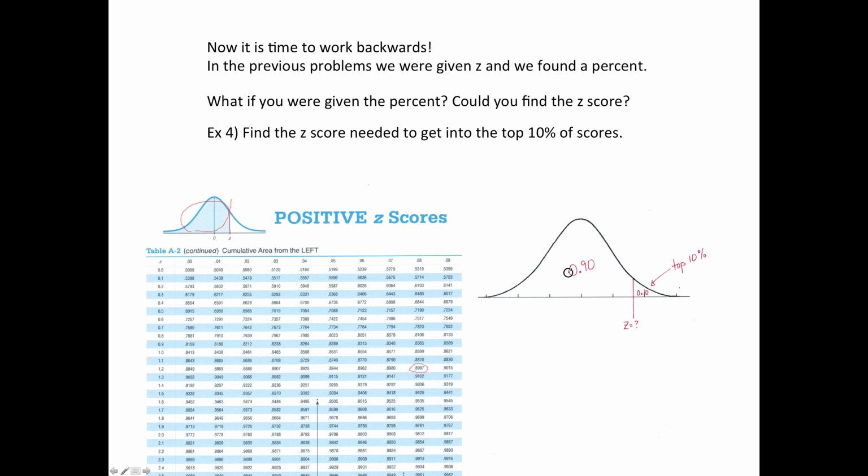Usually what I do is I cross this out and say I used 0.8997. Then you use the table backwards. You go this direction and you find that the z equals 1.2. You go this direction and the last decimal place is an 8. So the z that belongs right here is 1.28.